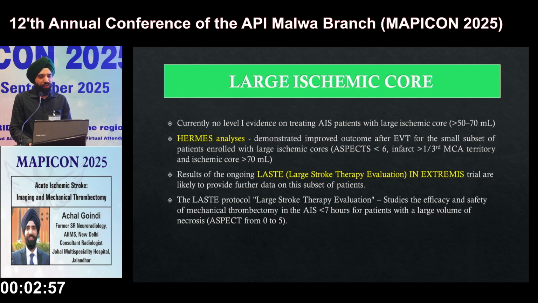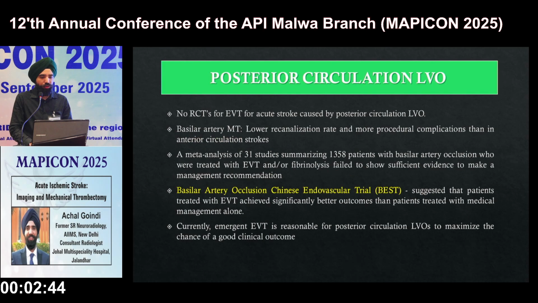But the trials which have happened have shown that it does give improved clinical outcome even if we go in for endovascular therapy in such cases. But there is no established criteria as of now. Same is the case for posterior circulation stroke.